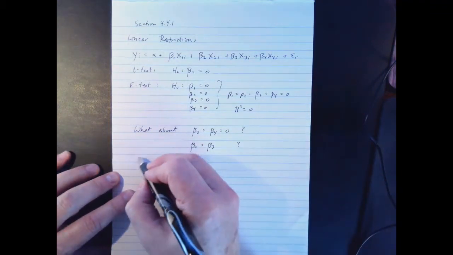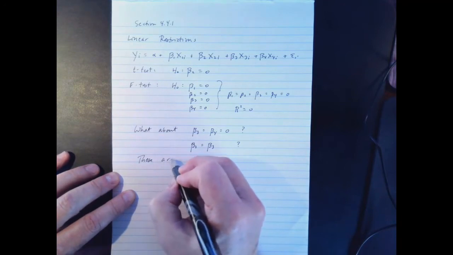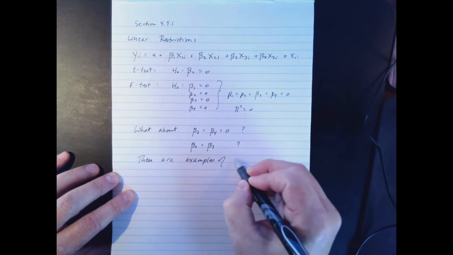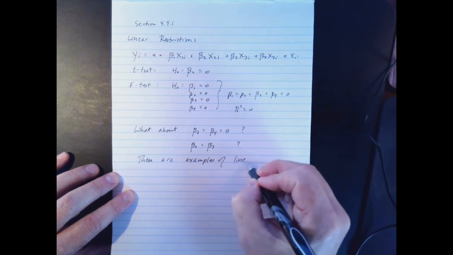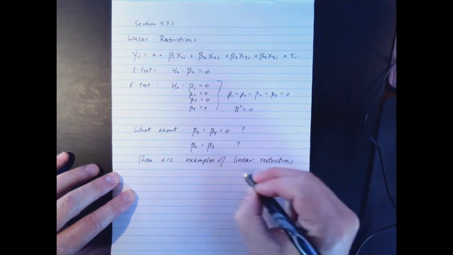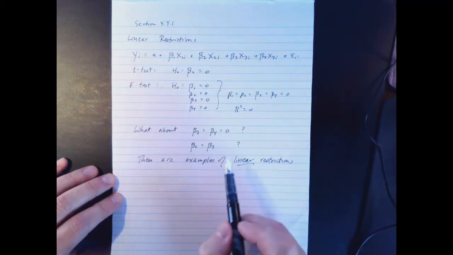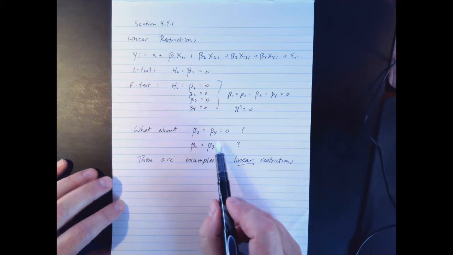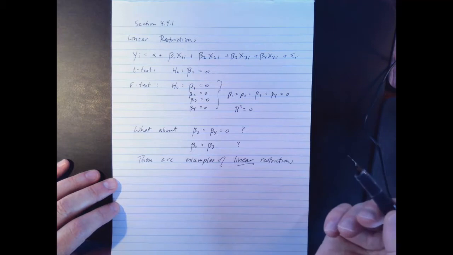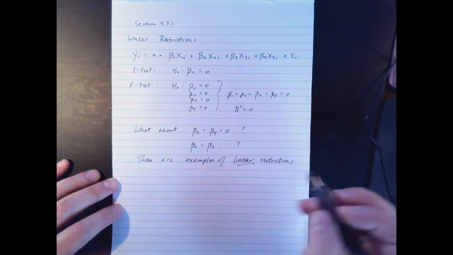So these are examples of what are called linear restrictions. Any hypothesis that can be written as a linear function of the betas is a linear restriction.